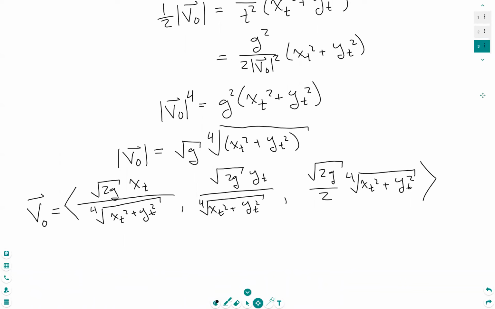Okay, so let's just start on a new page, because that was a lot of work there.